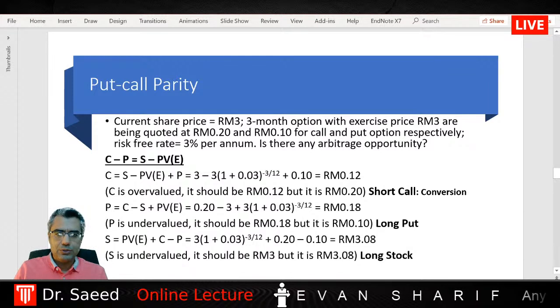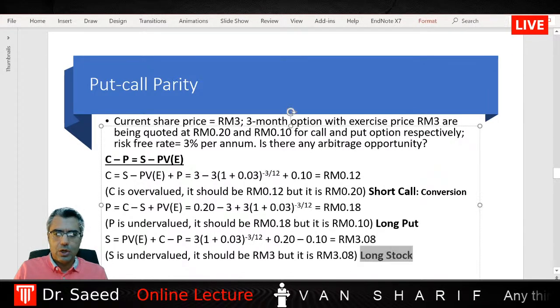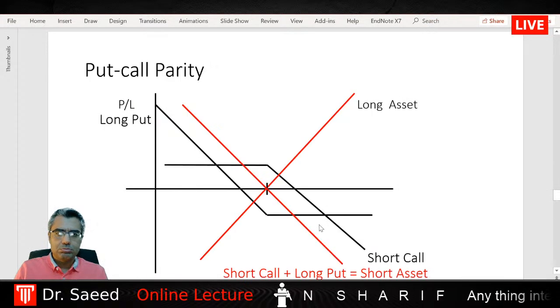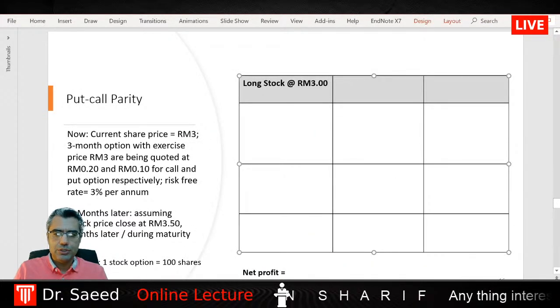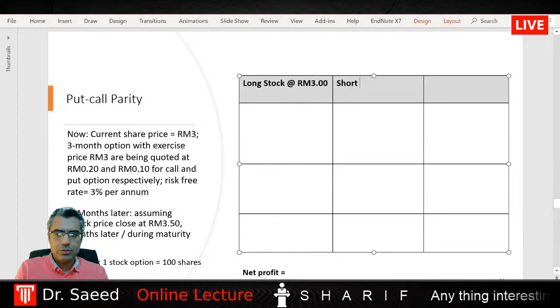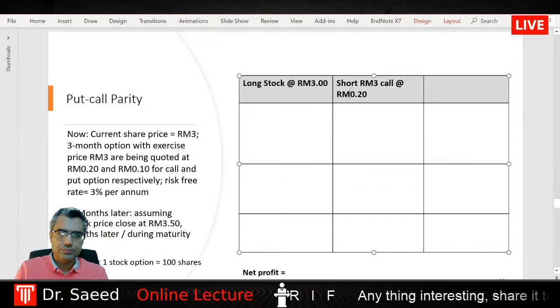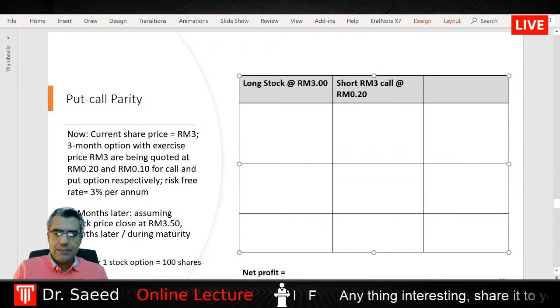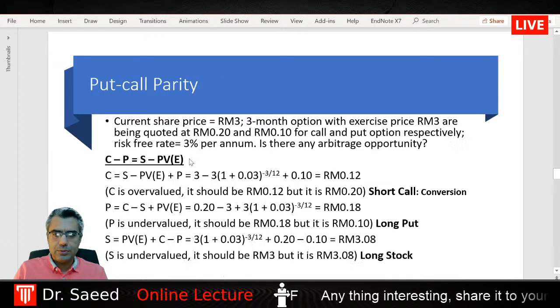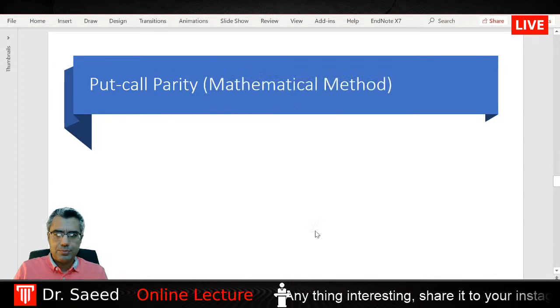You see, we need to long stock, we need to long put, we need to short call. So three columns for these three. So we short Turing it call at how much? 20 cent. And the last one was what? Long put.